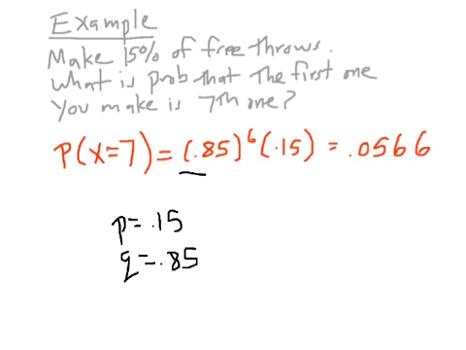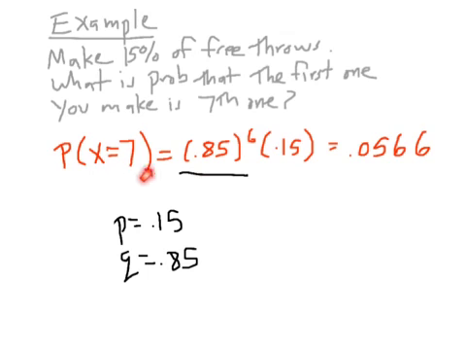So what happened on your first 6 shots? Failure, because you failed to make one. So we do 0.85 to the 6th. And then what happened on your 7th shot? Success, you made it, so it's 0.15. So basically we just do failures, or q, to the number of failures you want, and then one success, and it turns out that ends up being about 5.66%.